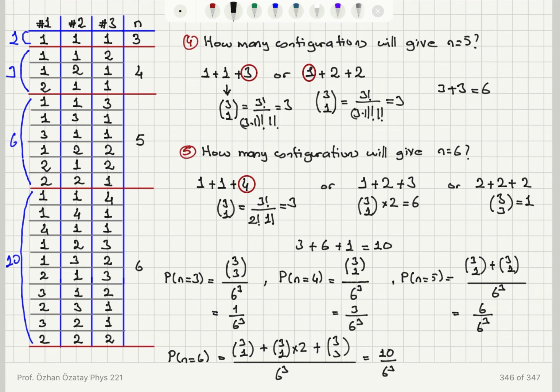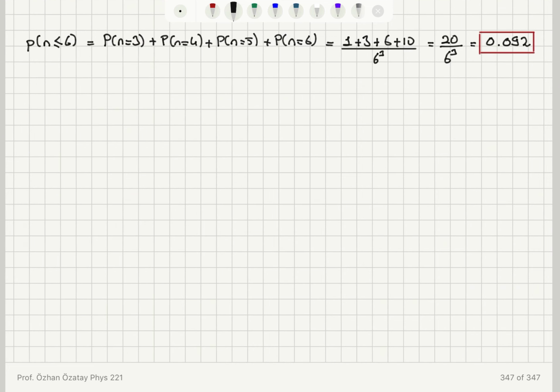So the probability of n equals 3 is the number of events that give us n equals 3. That number of configurations is 1. Total number of possibilities is 6 to the power 3. So 1 over 6 to the power 3. And similarly for the other n equals 4, 5, and 6.